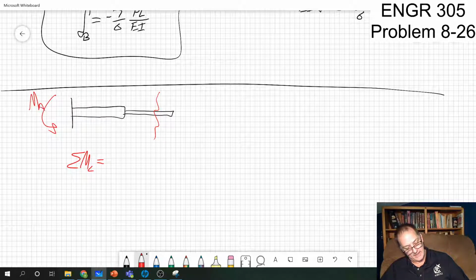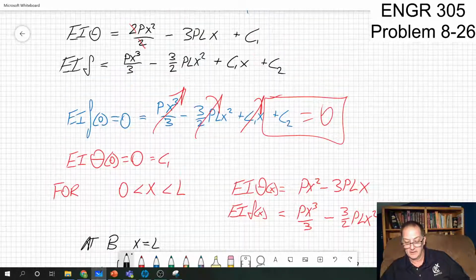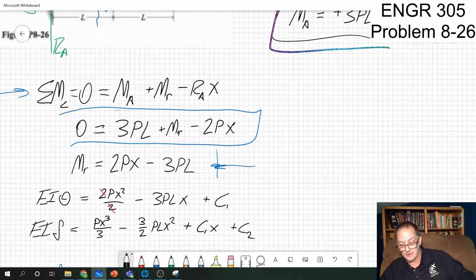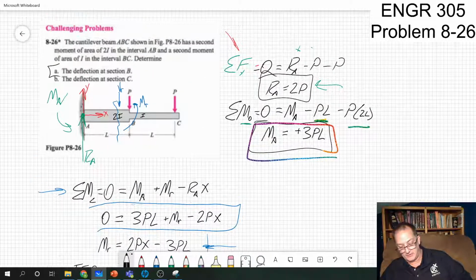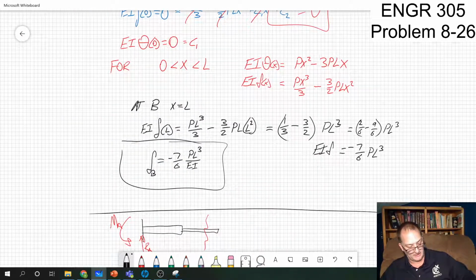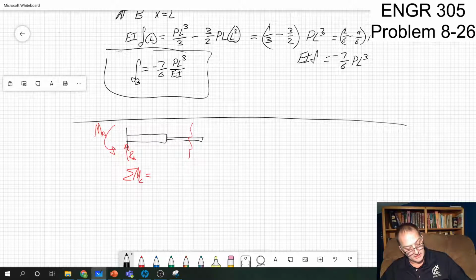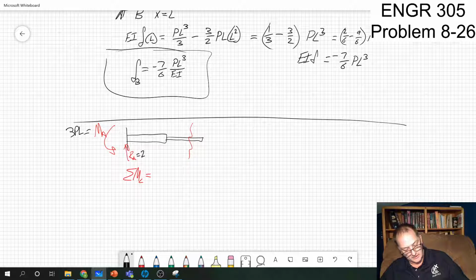I had the moment at A. I had the reaction force at A. Let's look both of those up, just so that I put them in right away, because I've already forgotten them. The moment at A is 3PL and then 2P. So this is equal to 3PL, and this is equal to 2P.